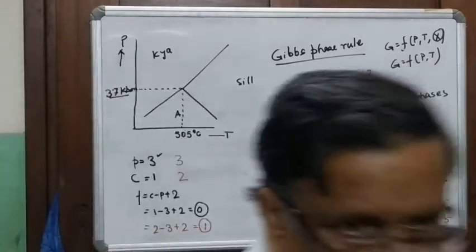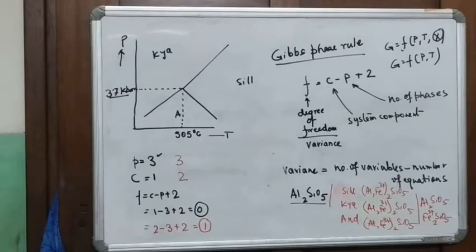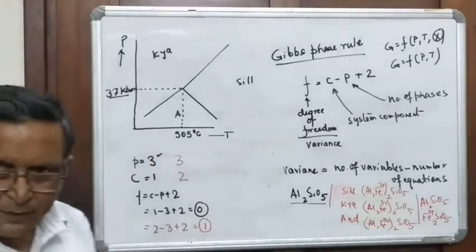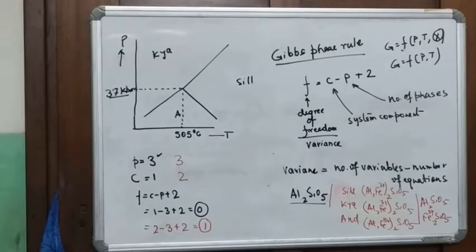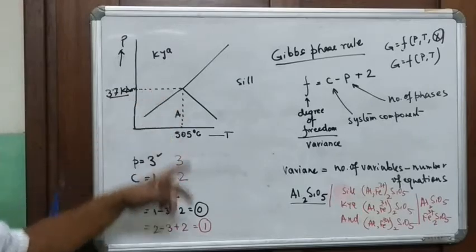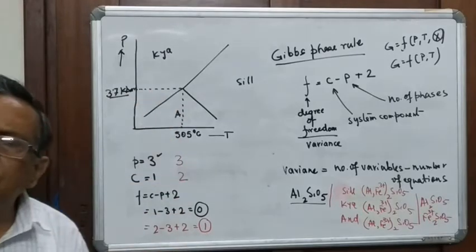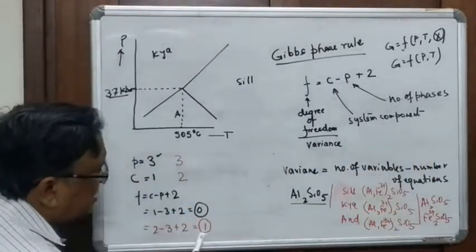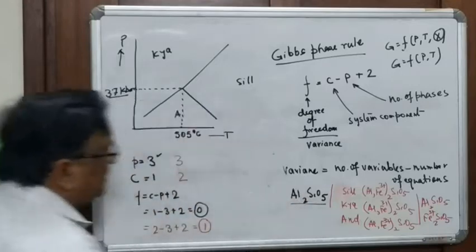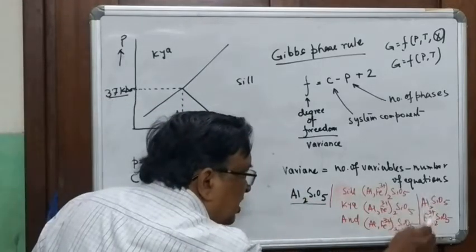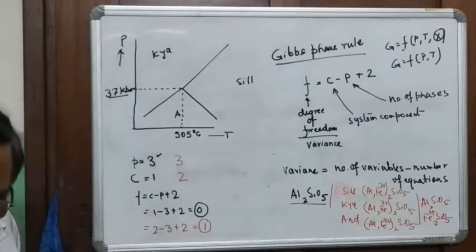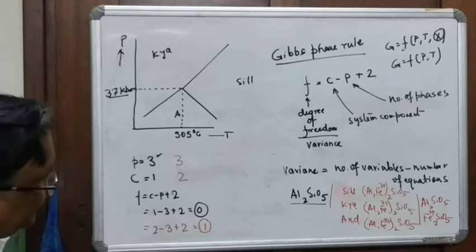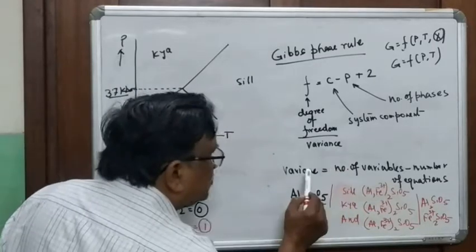Now if this is your system, then we have a problem at hand. What is the problem at hand? There is one unquantified variable. That means, in this case, for this composition of your kyanite, sillimanite, and andalusite, the variance is now 1.